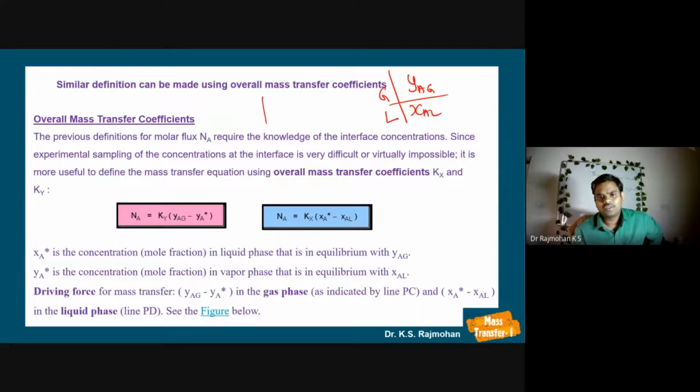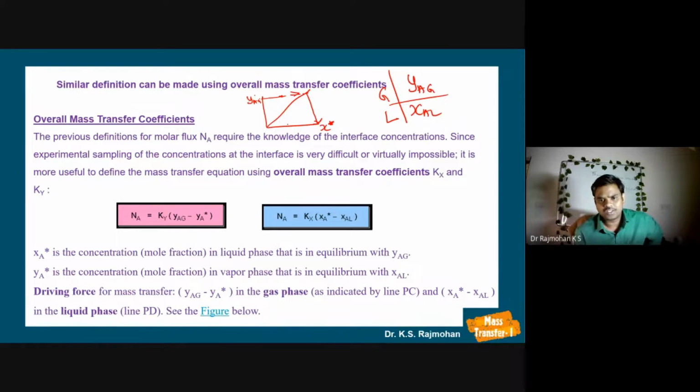Okay, and if you relate the equilibrium curve, if you know this y value, let me say you have a YA value. So you have the YA value known, YAG is known. That YAG, if we draw a line corresponding to it, we are going to get a corresponding equilibrium concentration in the liquid phase. Okay, so YAG, if we consider it to be YA star, we are going to have a corresponding value.